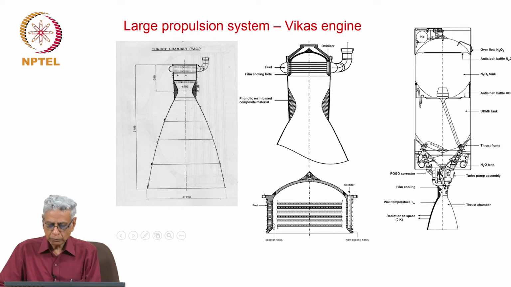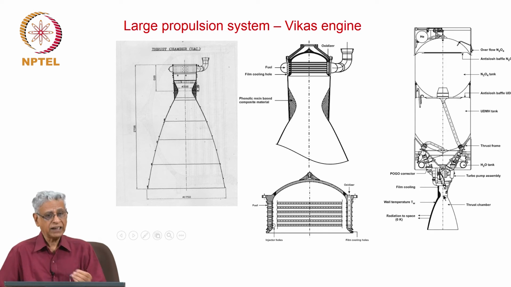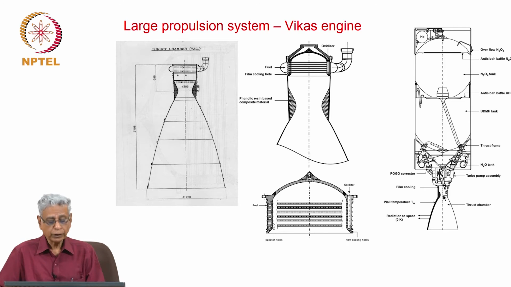And inside the combustion chamber, you have some interesting feature you see here. The fuel is injected near the wall in a fine spray. This is true for almost every liquid engine, and this keeps the wall cool, so that the heat flux which comes from the hot gases is taken care of in terms of the intensity or ferocity at which it attacks the wall.